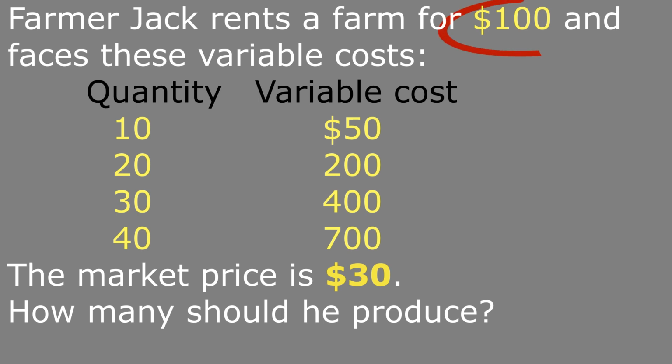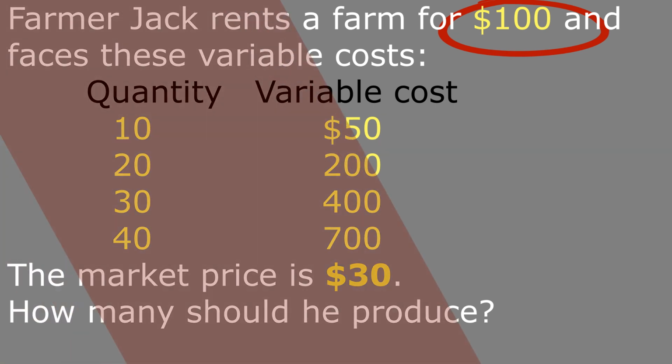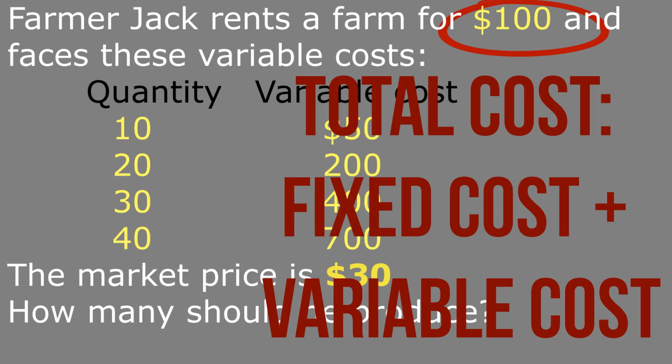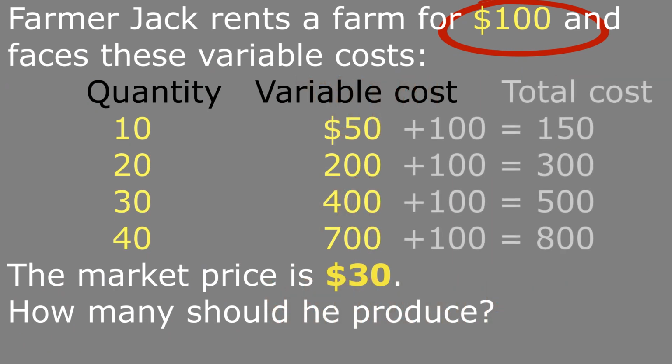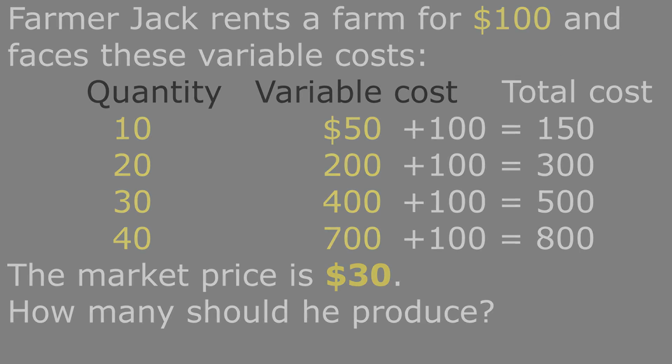Now, this $100 is the fixed cost because Jack has to pay it no matter what. And total cost is the fixed cost plus variable cost. So, if we add 100 to the variable costs, we'll get total costs. And now we can calculate marginal cost.